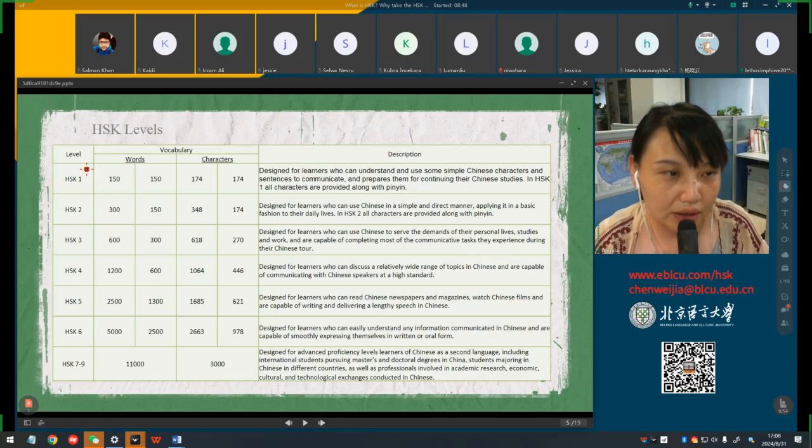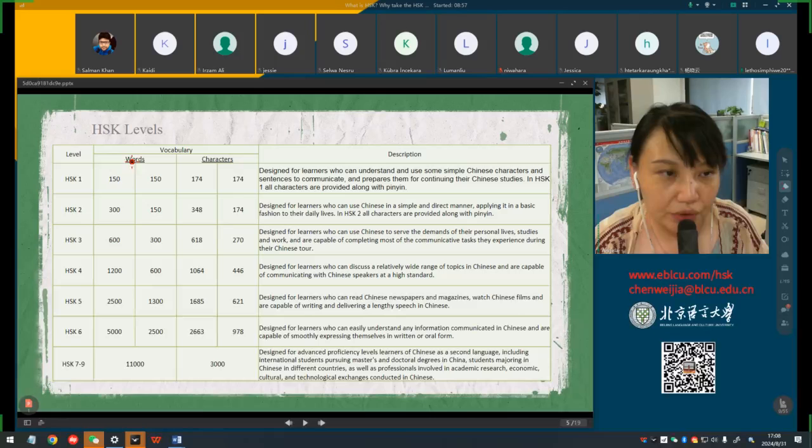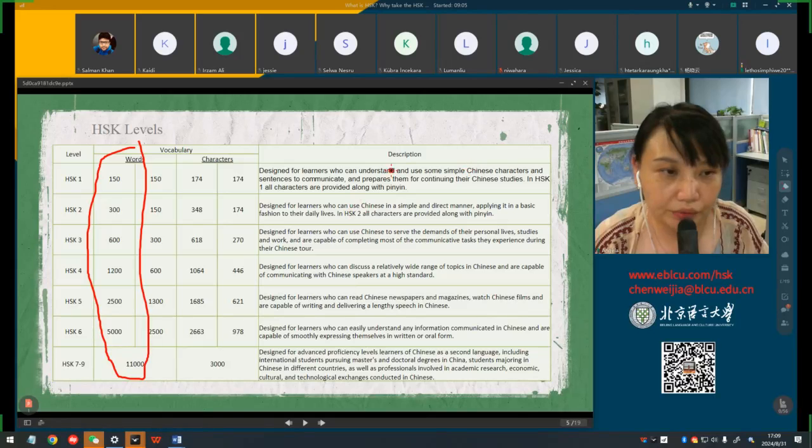So here are the HSK levels we currently have and the requirements of each level. Here are the new words needed for each HSK level.